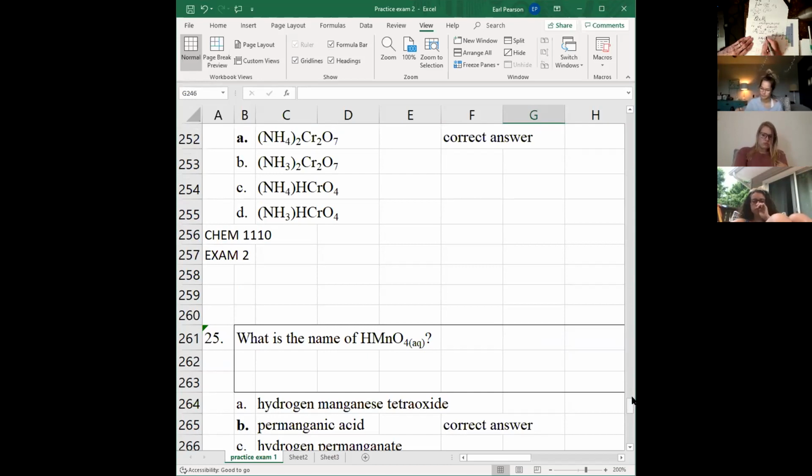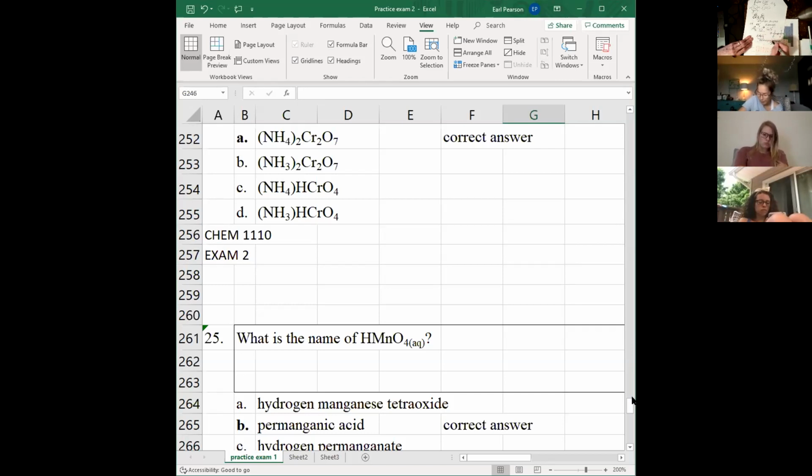And permanganate has a -1 charge, so that's why there's 1 hydrogen attached to it. But if I've got this ion correctly, all I'm going to do is take off that ATE, put IC, and add the word acid. So this compound is permanganic acid.